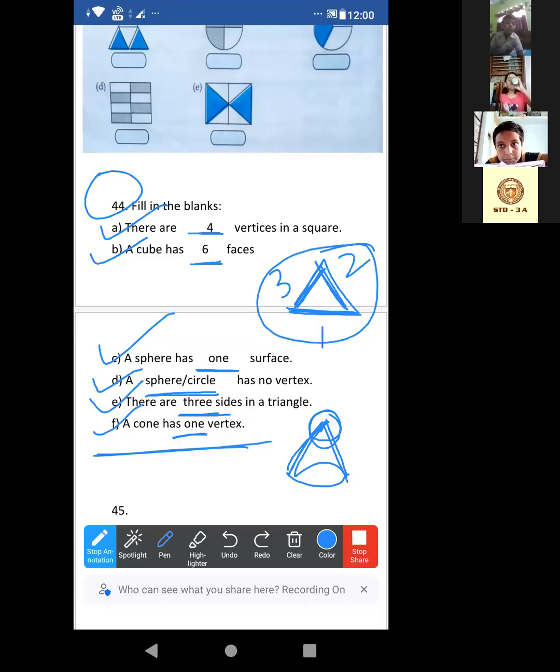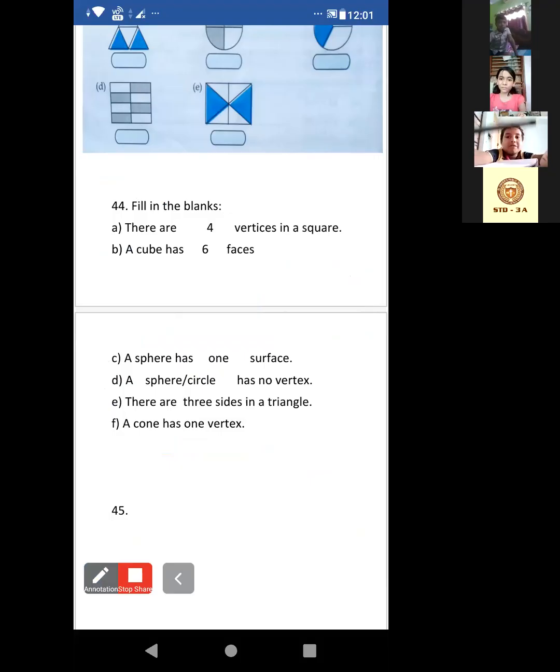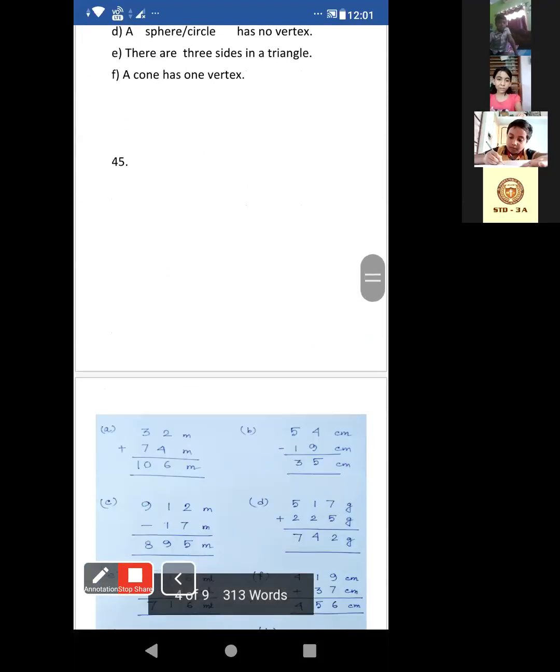I told you to do it in the copy. Other students are doing it in the copy, right? Adrija Mukherjee, Arhad Islam, doing in the copy? Okay. I am moving to the next question. Sneet Manna, next day you will do it in the copy, okay?